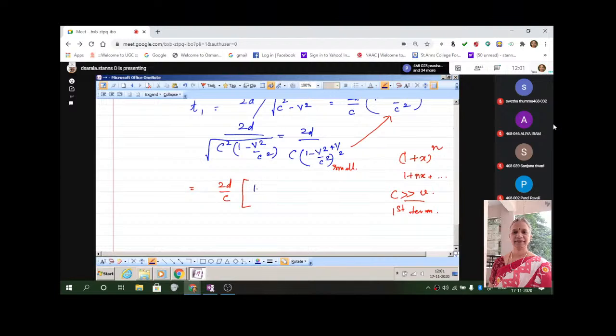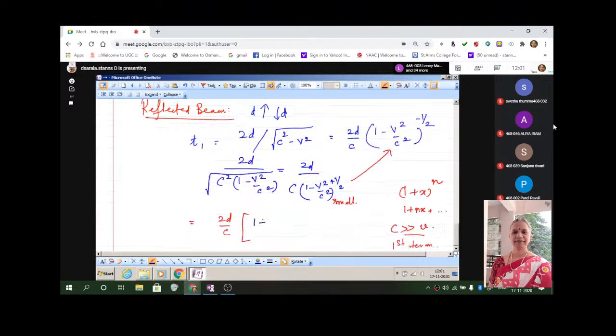So 1, okay, this is minus, right? 1 minus half into minus, so it is 1 plus half into v square by c square.